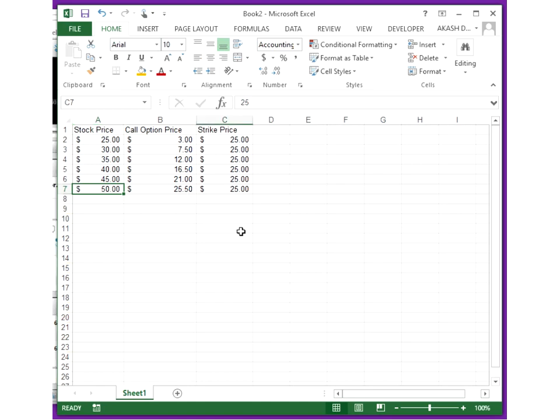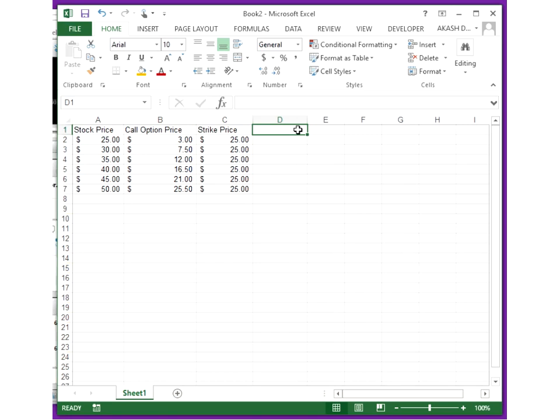But on the other hand, if the stock price is 50 and your strike price is 25, you potentially have a $25 possibility to make as of today, which could increase in future time. At that time, the call option price is $25.50, just to give you those two extreme ends.